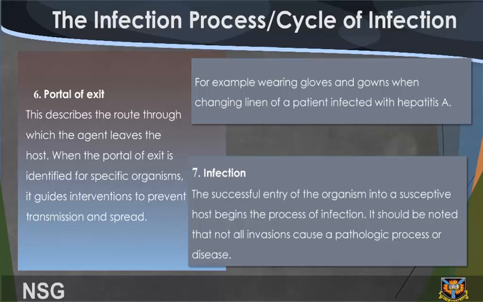7. Infection. The successful entry of the organism into a susceptible host begins the process of infection. It should be noted that not all invasions cause a pathologic process or disease.